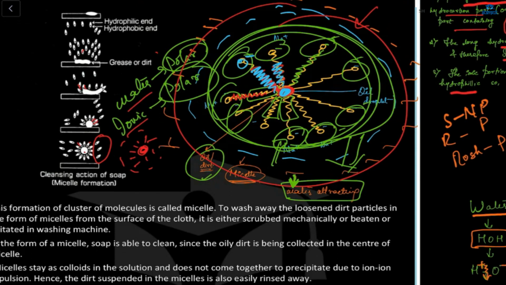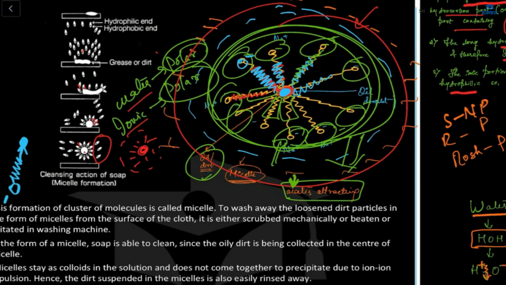What will happen if here this is your dirt or, let's say, oil? Your zigzag part will get attracted toward your oil or dirt, and this O minus part will get repelled from this.